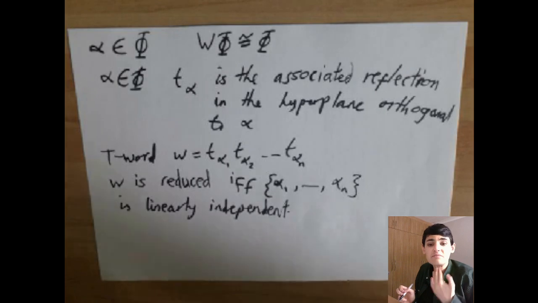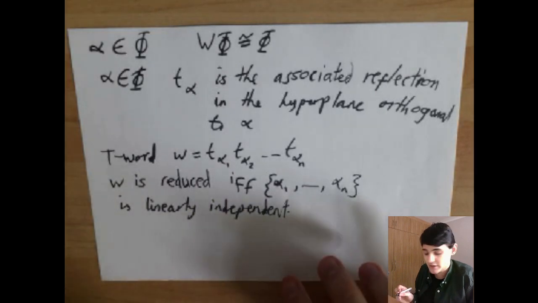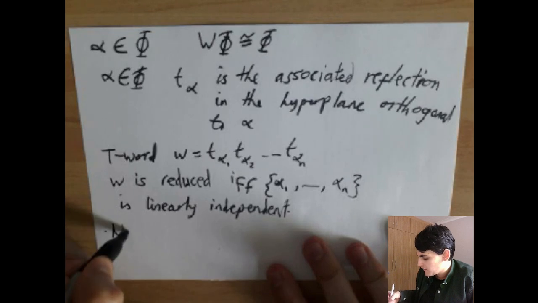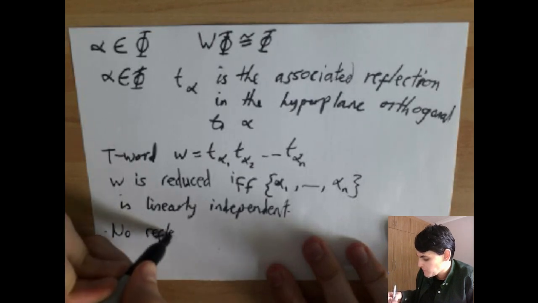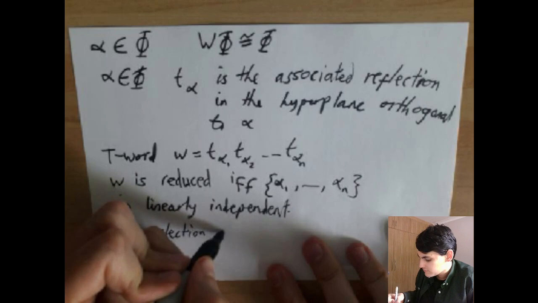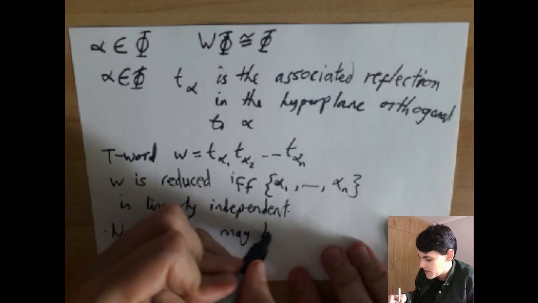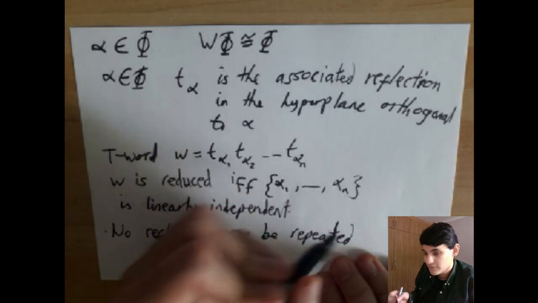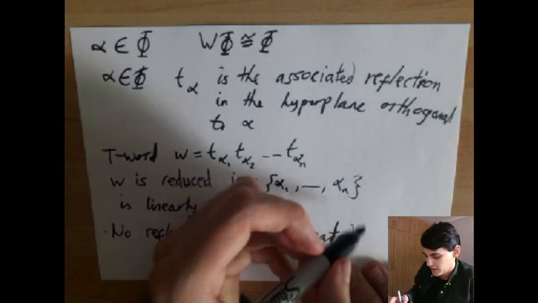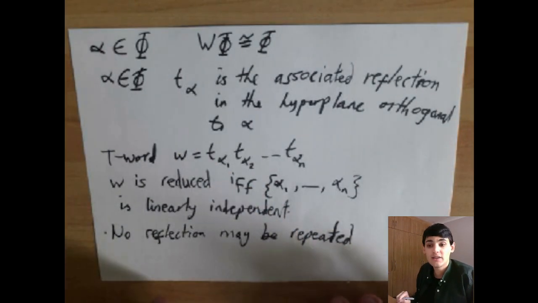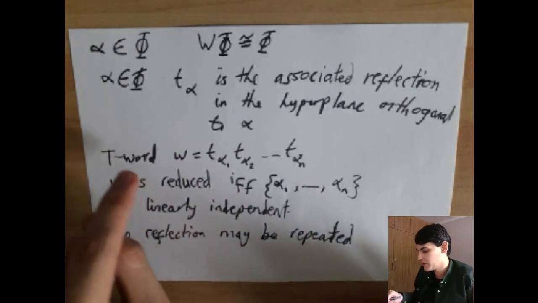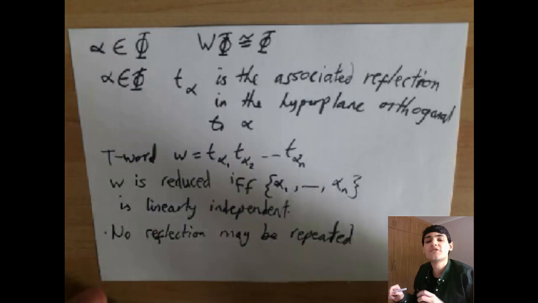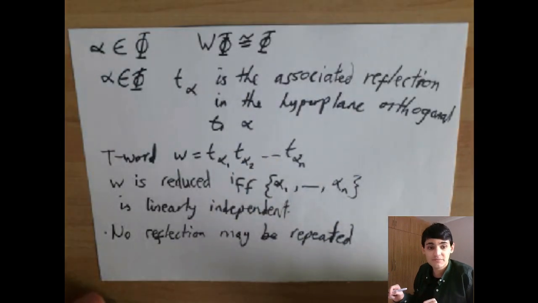A couple of corollaries of this tell us that, firstly, no reflection may be repeated at all in the absolute order, or rather in our dual system, I guess.